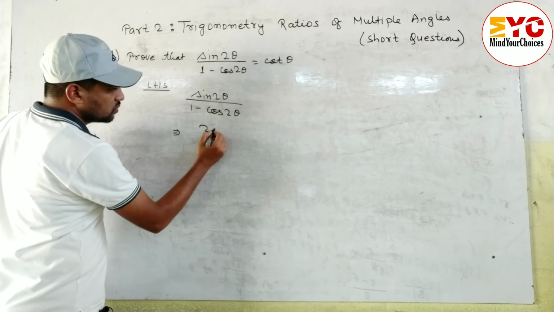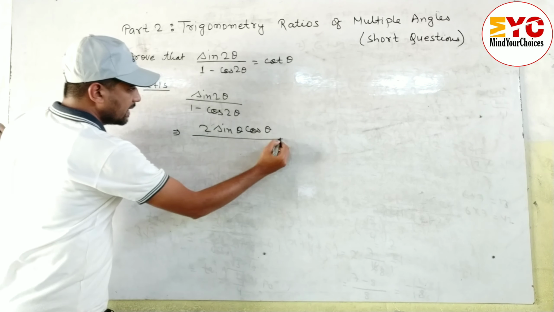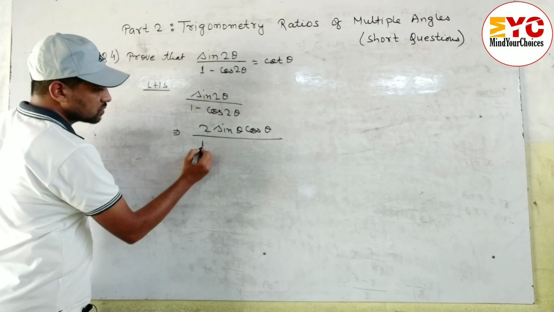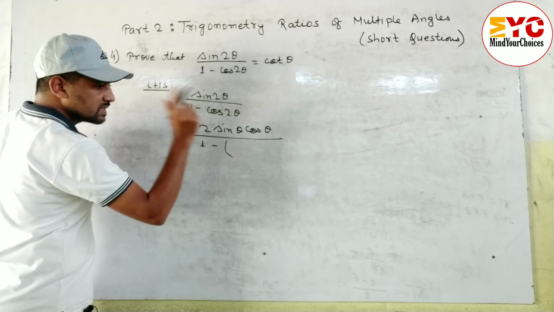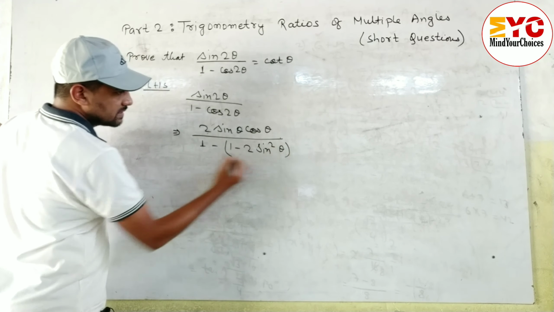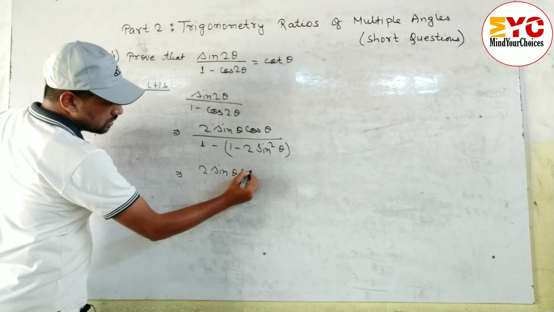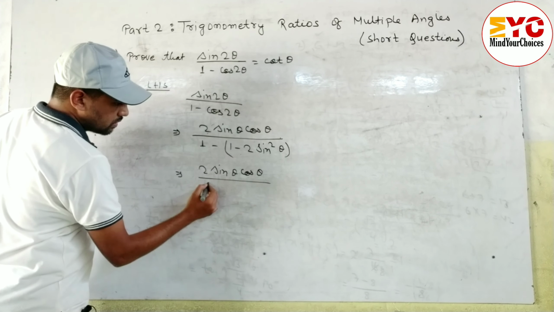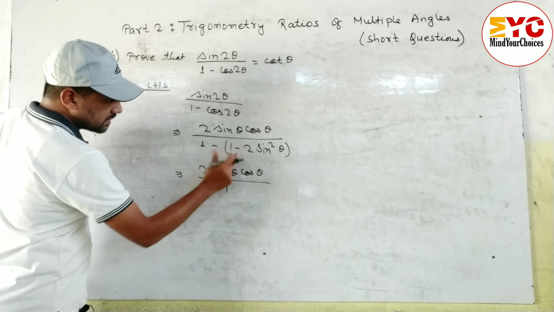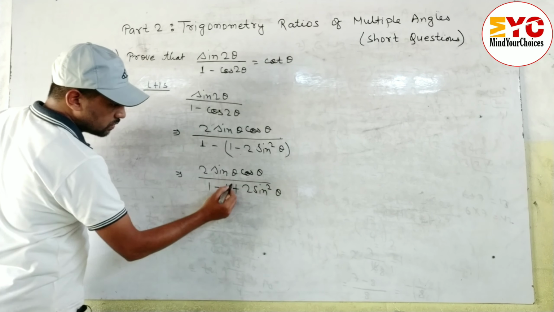Sin 2 theta formula, 2 sin theta cos theta, by 1 minus cos 2 theta. Which formula do we have to use? The sin formula: 1 minus 2 sin square theta. Now 2 sin theta cos theta by 1 minus 1 plus 2 sin square theta. 1 and 1 cancel.